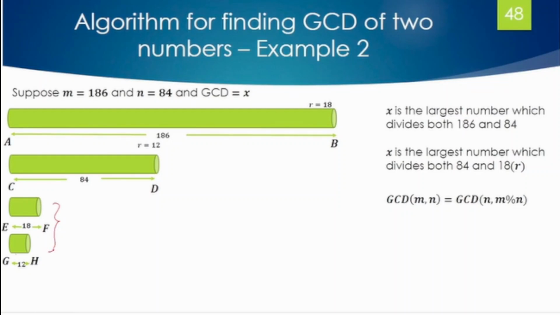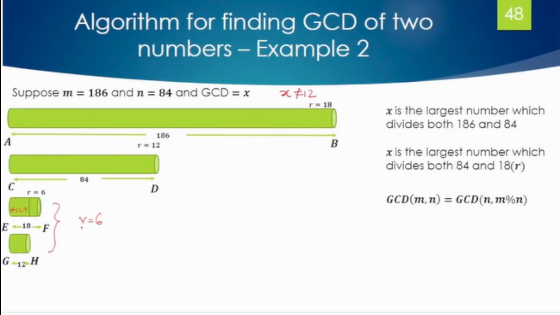By the same way, we try to cover the longer rod. So this is 12. The remaining 6 you cannot cover by the length 12. So here as well, your value x cannot be 12 because 12 cannot divide 18, as we are getting a non-zero remainder.